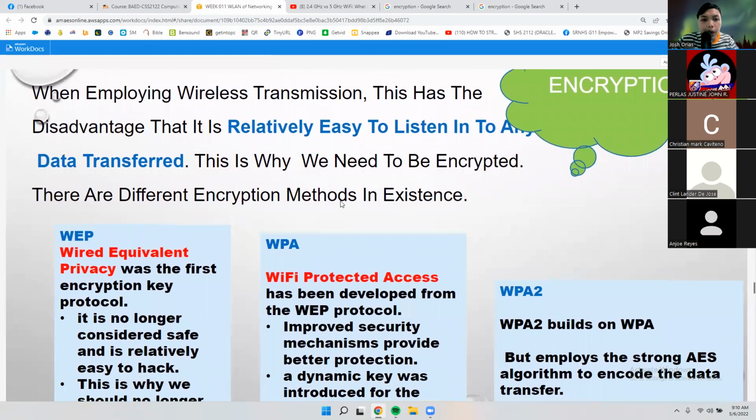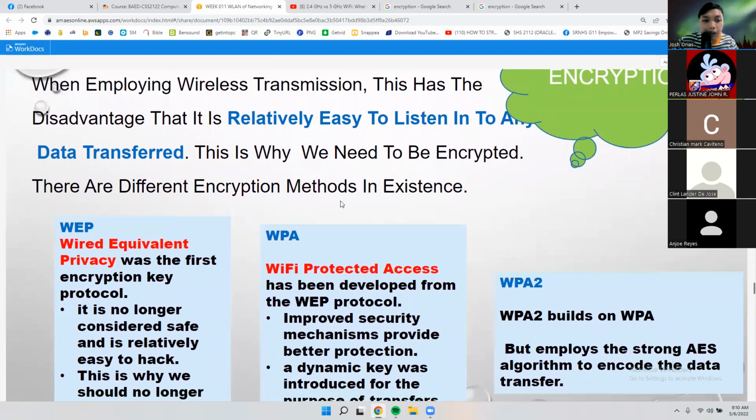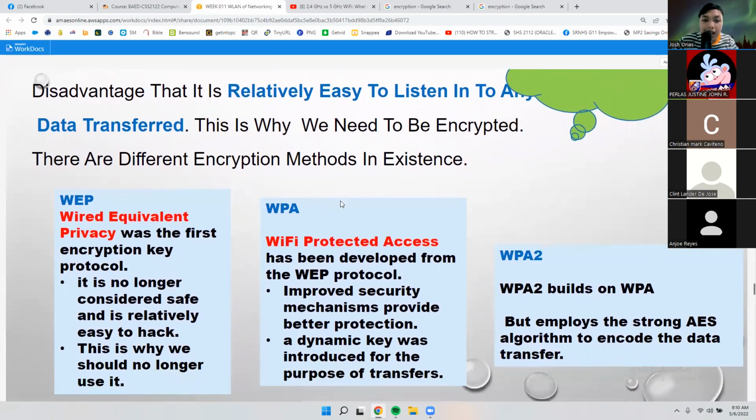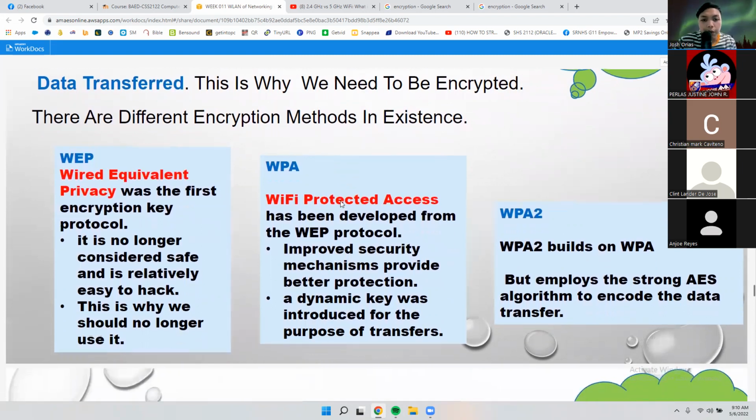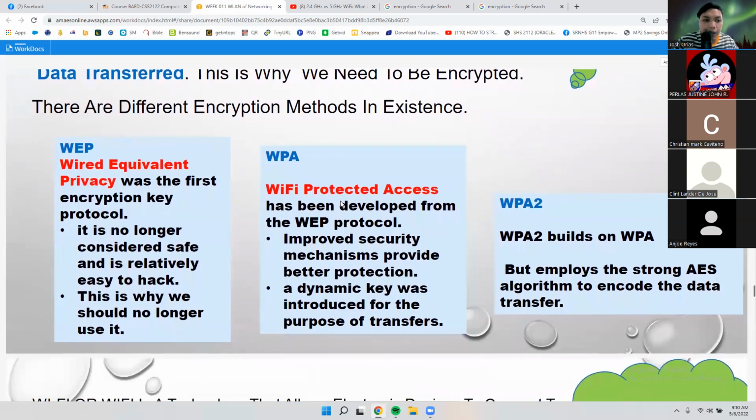So when employing wireless transmission, it has the disadvantage that it is relatively easy to listen to any data transferred. So pag nag-transfer yung device ko, nagta-transfer lang naman ng information yan. Pero syempre, kailangan natin ng encryption for our safety. Syempre, yung internet natin, yung magpapasa tayo sa other devices ng sensitive information.